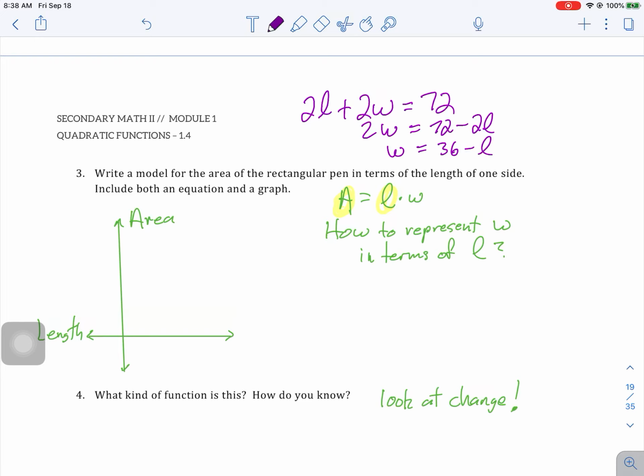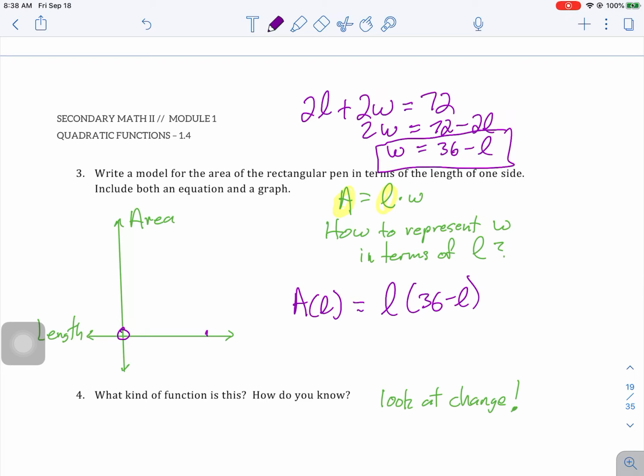So my equation, or my function, is A of L. A is the dependent, L is the independent, and it's going to be my length times my width, but my width is 36 minus L. All right, so that's my actual equation of A in terms of L. If I were to graph that, I'm not going to include a 0 value because it wouldn't be a rectangle.